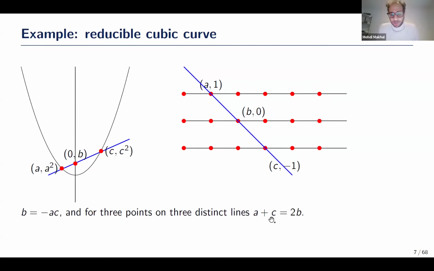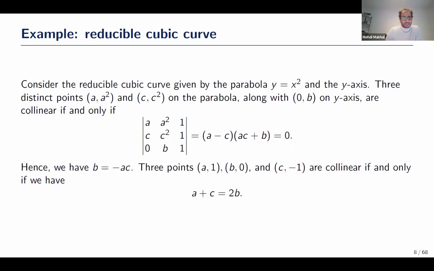And if I consider a conic and a line, then 2 points on the conic and 1 point on the line are on one line if b² = -a times c. And this formula comes from this formula actually.